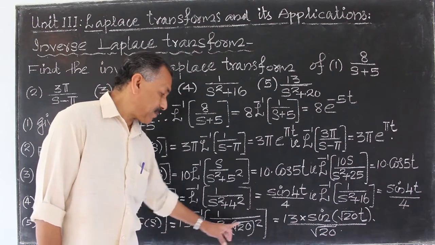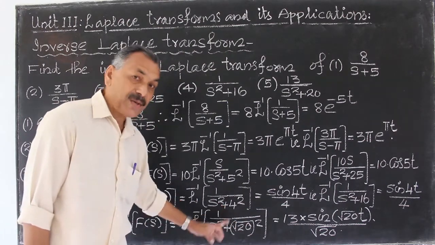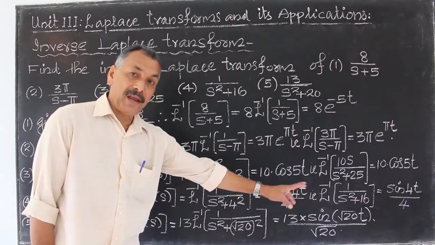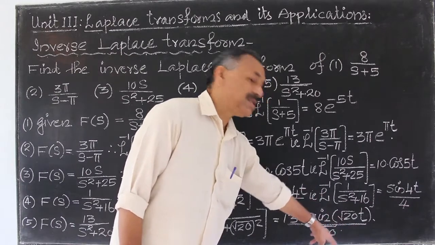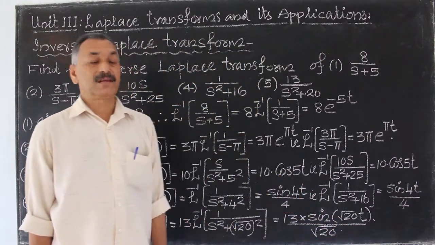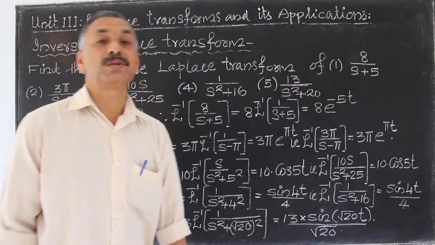So 1 divided by s square plus root 20 square. What is 1 divided by s square plus a square? Sin at by a. That is equal to 13 into sin root 20t by root 20.